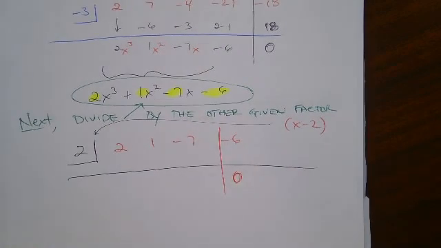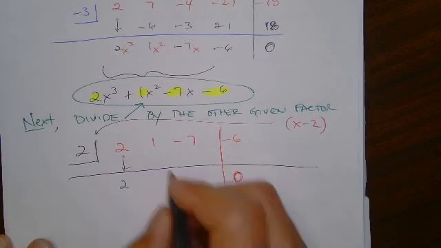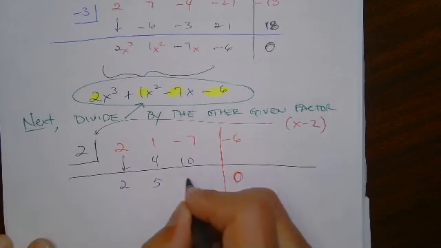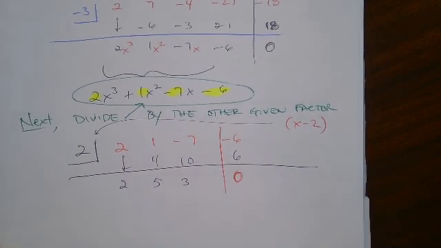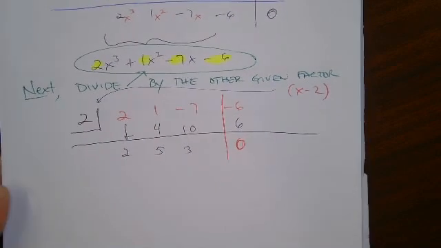We understand that when we divide by a factor, the remainder is 0, right? And then we go ahead and do that. Easy math that we've been learning. So 2, 4, 5, 10, 3, 6. Good. Oh, this one's a little tough.